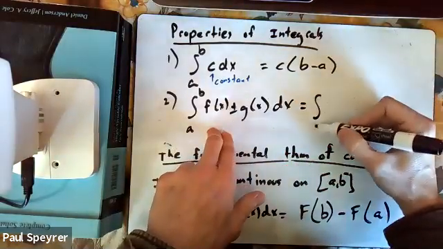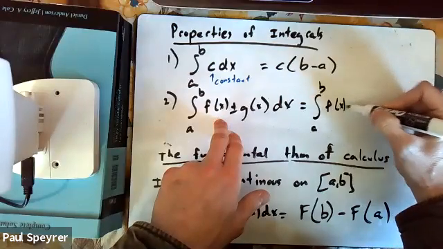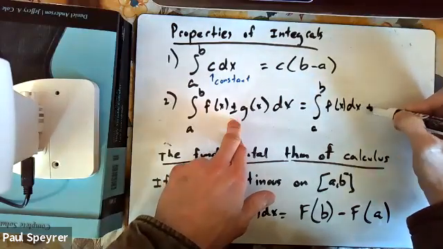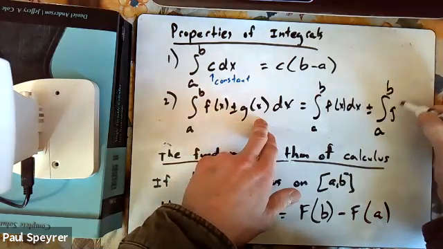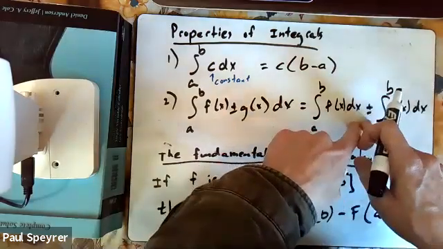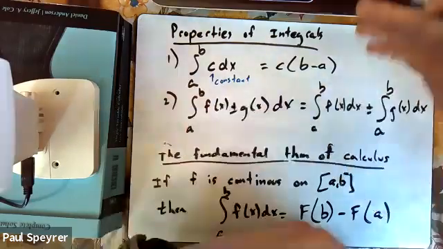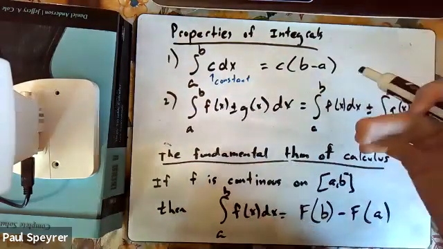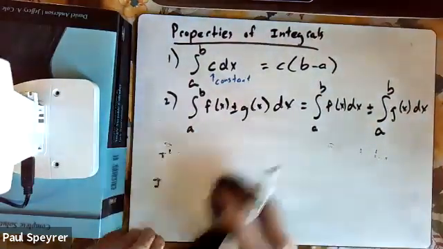So we can say this is the integral from a to b of f of x dx plus or minus the integral from a to b of g of x dx. So again, it's okay to split if it's plus or minus. But remember, if it's multiplication or division, you can't split it up like that. Only for addition and subtraction.